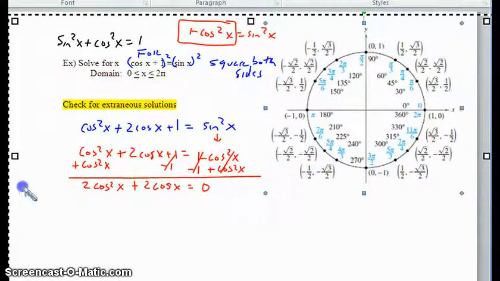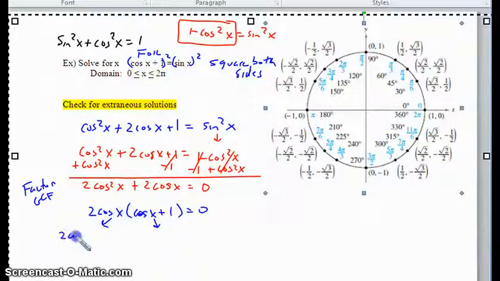Now to solve this, you want to factor out the greatest common factor. In this case, that would be a 2 cosine of x. So when I divide that, I'd get just cosine of x. When I divide that, I'd get a 1. And now I can individually set these equal to 0.